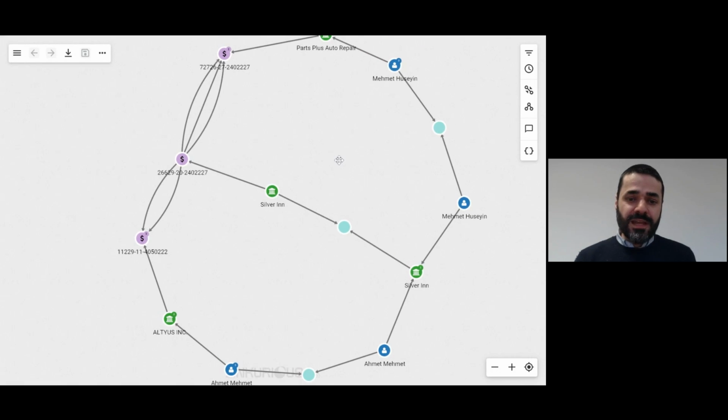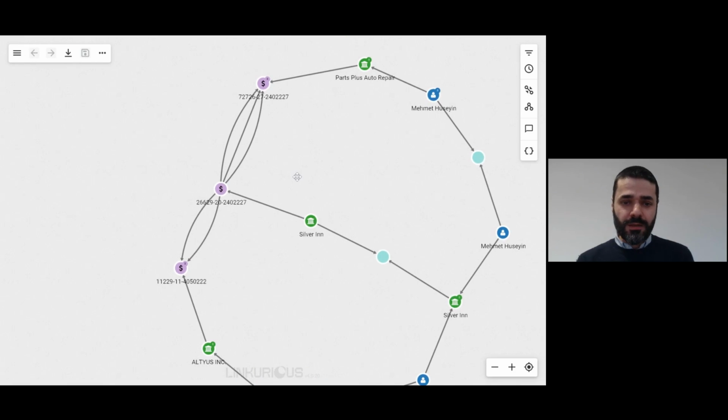We wouldn't understand that if we were just looking at these transactions taken in isolation. We need to look at the broader context to see that there's potentially something suspicious going on. We can actually dive deeper in the data.